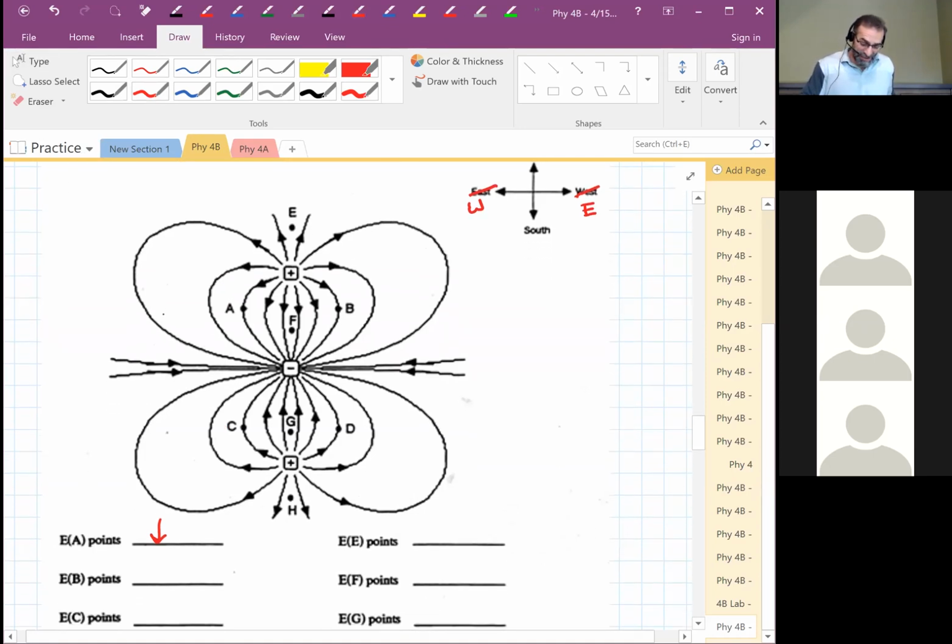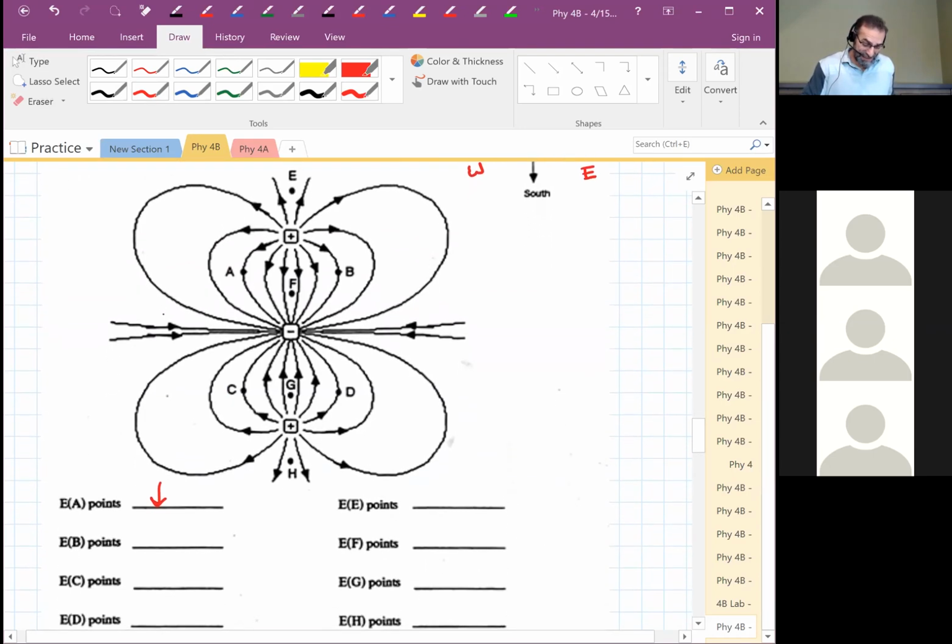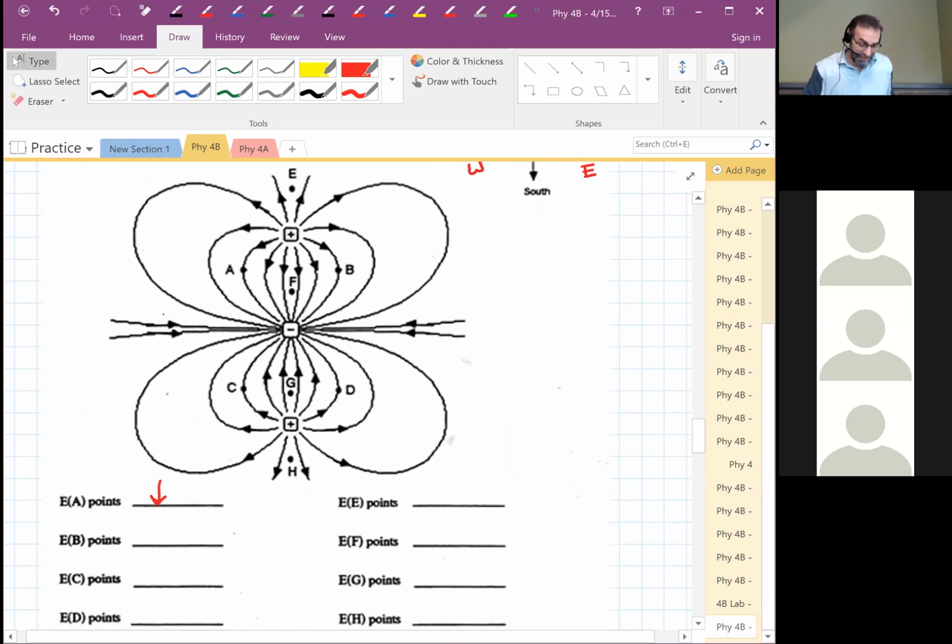There are too many here to do a pole. Okay, so if we're standing at B and we have our electric field compass, it's going to point south, right? C and D, north.